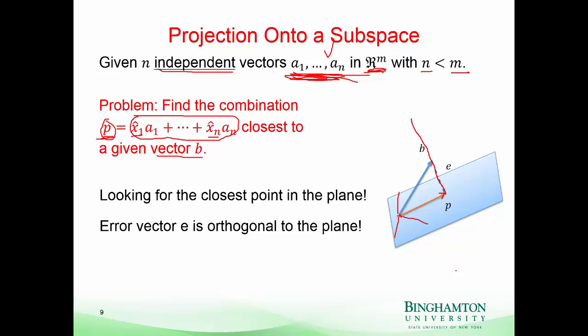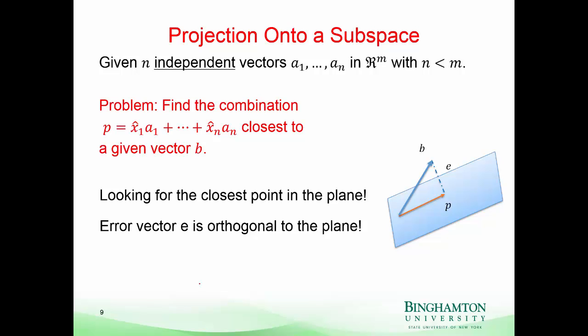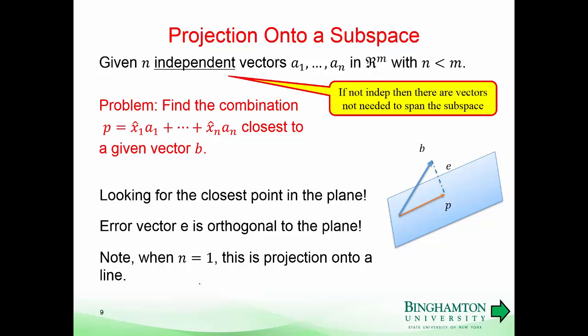And we know that this error vector E is therefore perpendicular, or orthogonal, to the entire plane. Now, when n is equal to 1, this is what we did for projection onto a line. Now we're doing this for higher dimensions, but this is subsuming that earlier special case.